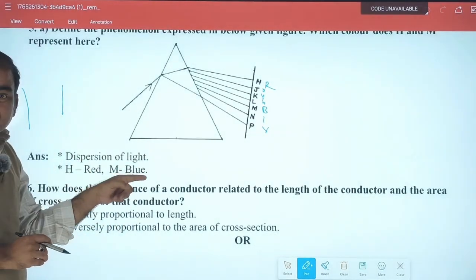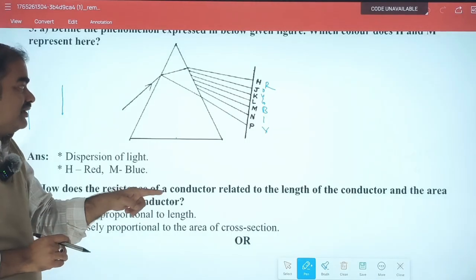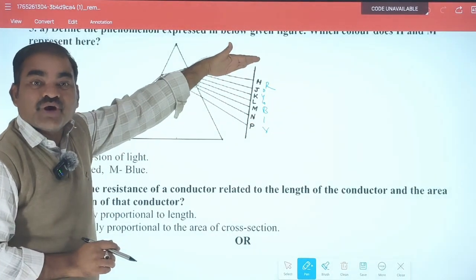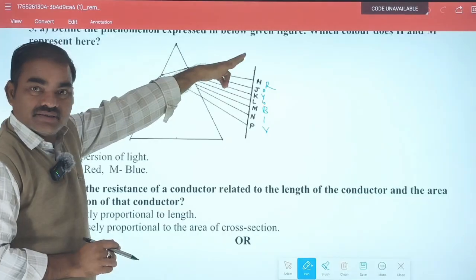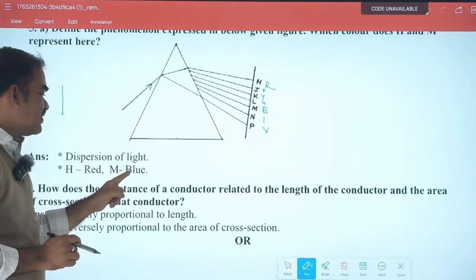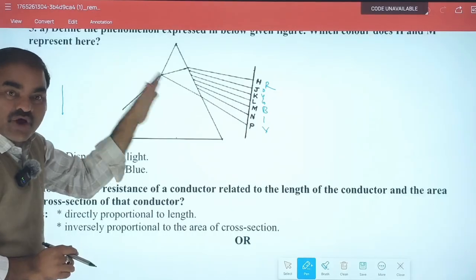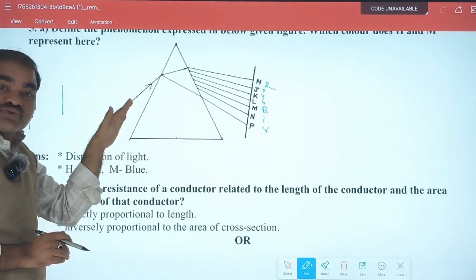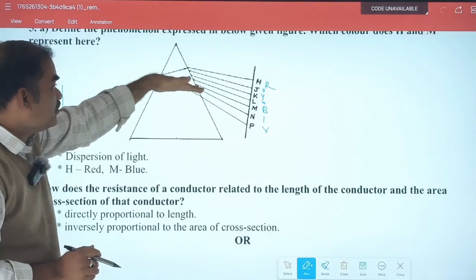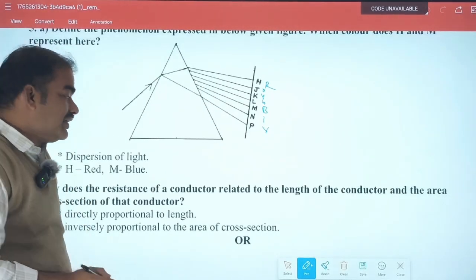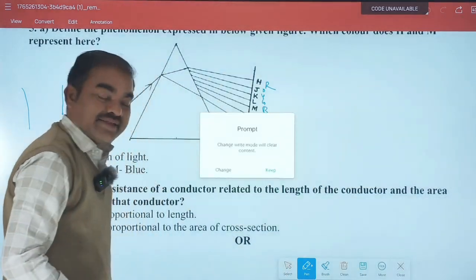As I had told, we have to start from the bottom with violet. So H will represent red color and M will represent blue color. When white light is passed through a prism, the light splits; that phenomenon is called dispersion of light.